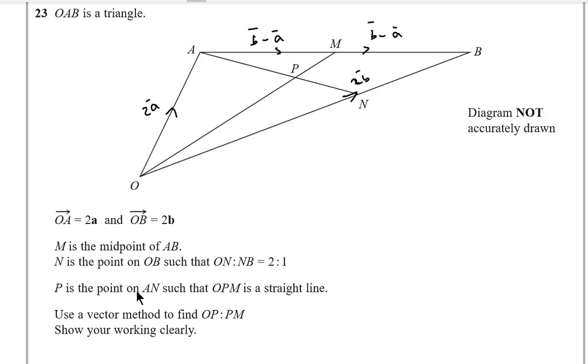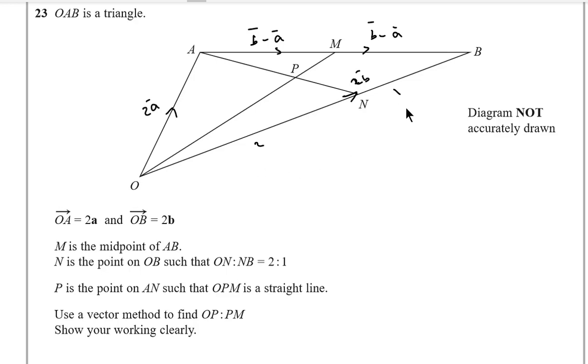When I read a question, my advice to you is to try to use each piece of information before completing the question. N is the point on OB such that ON to NB is equal to 2 to 1. Very good. This part is 2, this part is 1, so all the parts will be 3.